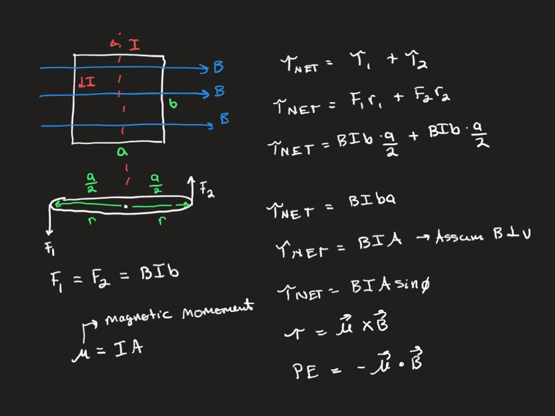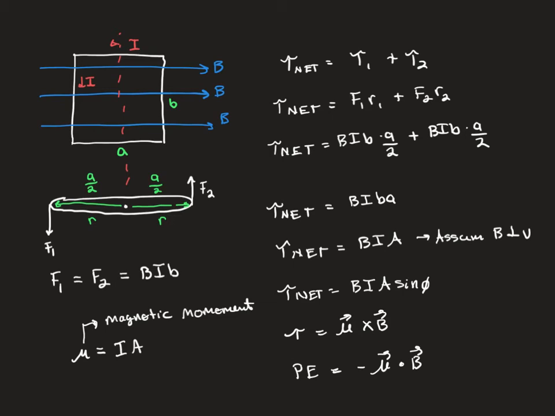Now these are already acting perpendicular to the lever arm in the orientation I have them. The lever arm is the distance between our rotation point and where the force is applied. Since I labeled this side A, the distance between the center and the end is A divided by 2. That's our lever arm. Force 1 and force 2 are equal because they're in the same magnetic field with the same current.